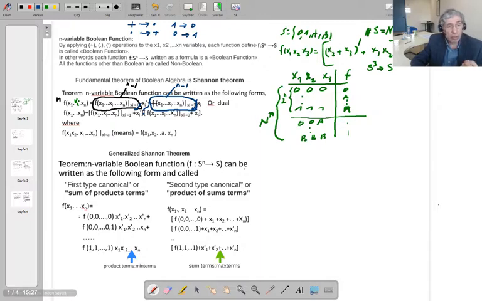So next step is this. Can I apply the Shannon theorem to this coefficient and to this coefficient as well? This time by taking the xj variable out. So let's do this now.